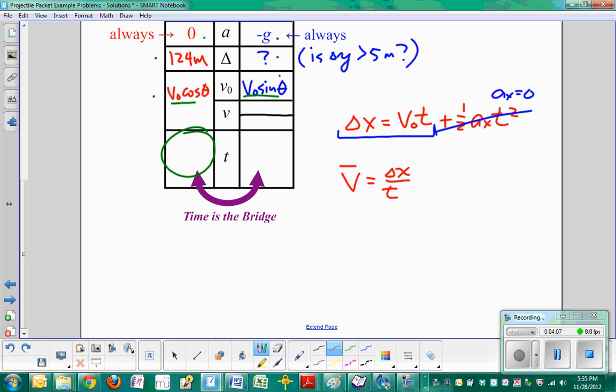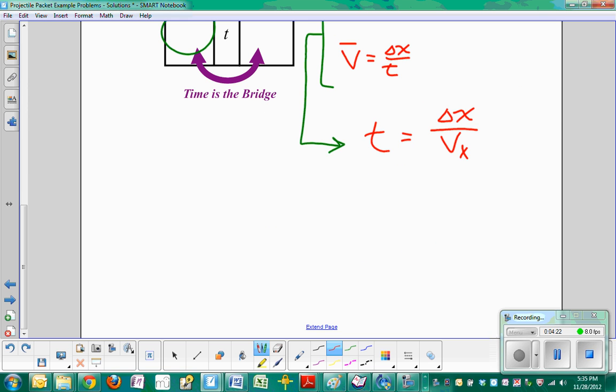Both of these expressions will rearrange to give us that time is just equal to delta x over vx, and of course, t is equal to delta x over v naught cosine theta.